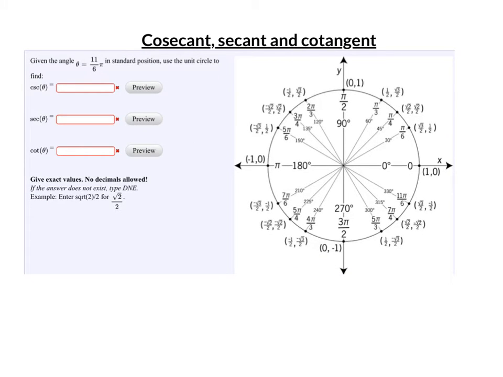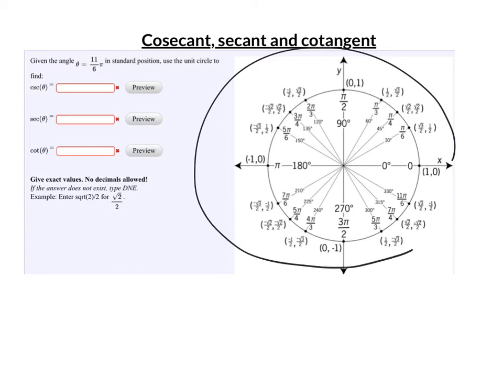Let's try an angle of 11 pi over 6. 11 pi over 6 is clear around in the unit circle right here. So the ordered pair is √3 over 2 and -1/2. Well, the cosecant is the reciprocal of sine.